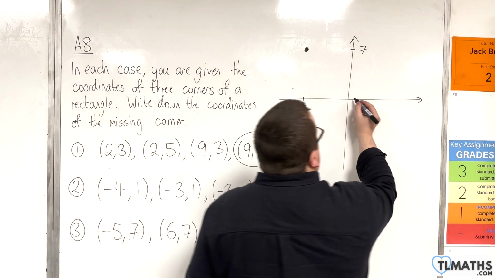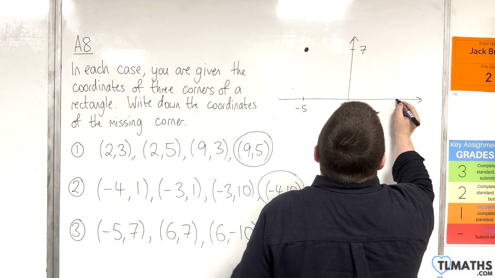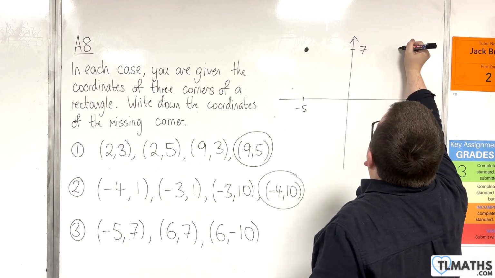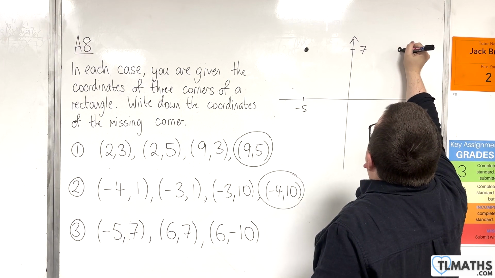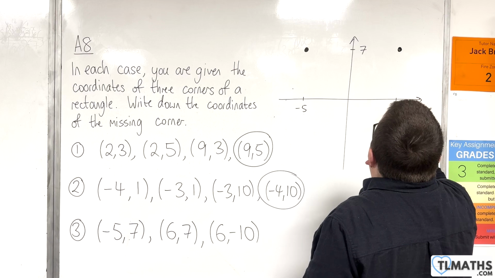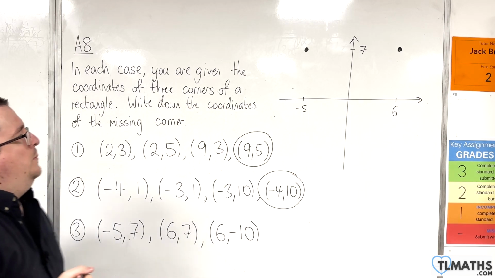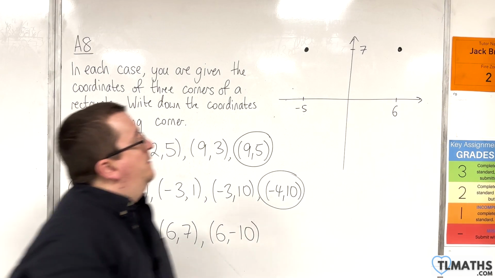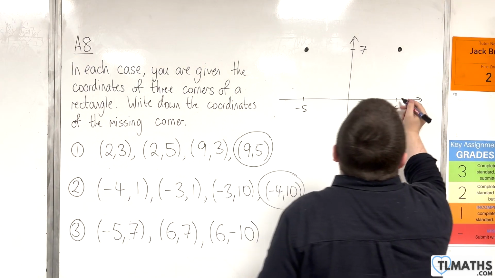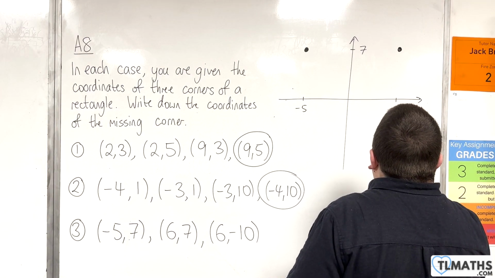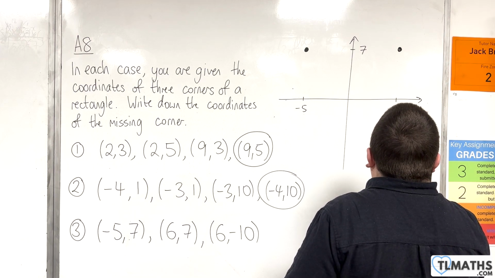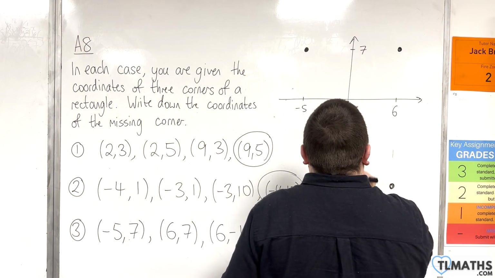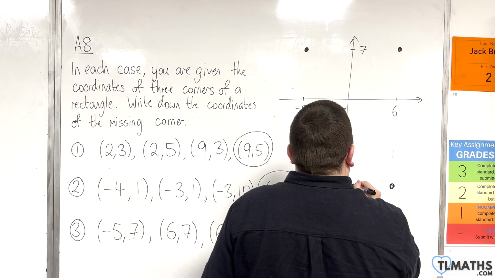So 6 along the corridor and then 7 up the stairs. So somewhere up here. So that's at 6. Right, the next one is at 6, minus 10. So 6 along the corridor and then 10 down the stairs. So somewhere maybe down there. So that's at minus 10.